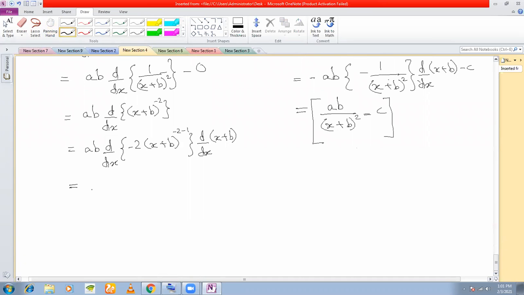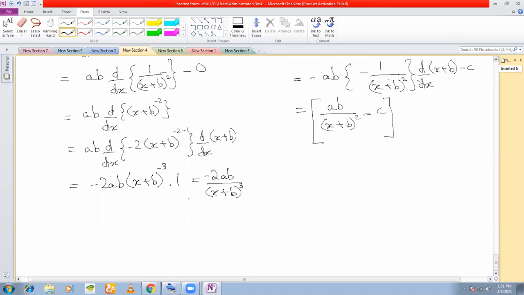So now what happens? You take the minus out. So minus 2ab into (x plus b) to the power of minus 3 into d/dx of x plus b, which is 1. So which becomes minus 2ab divided by (x plus b) whole cube, right?